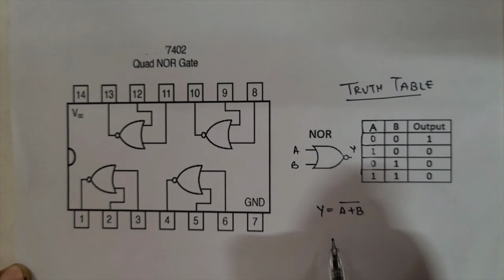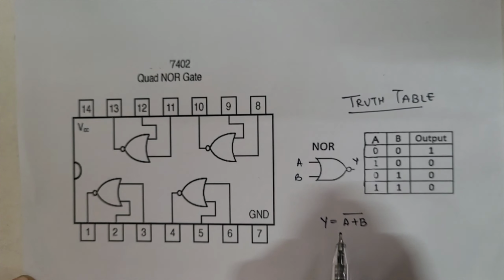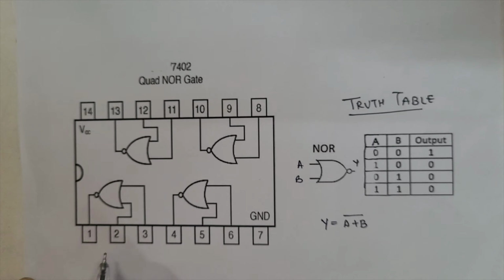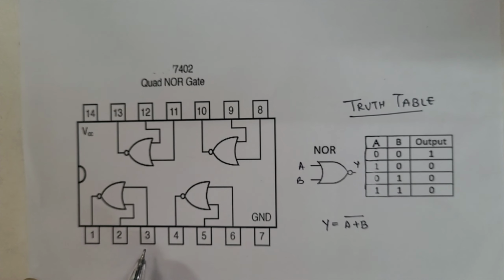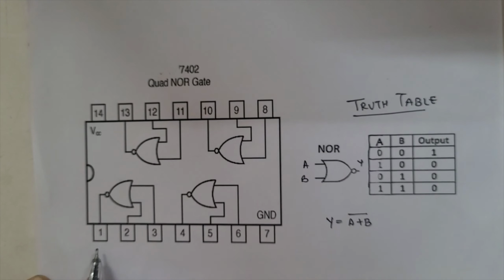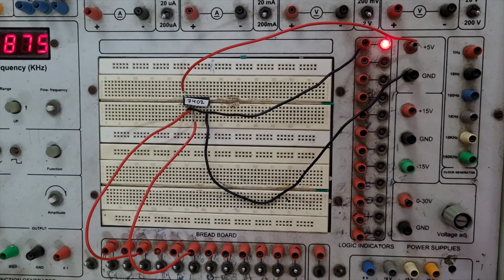For the NOR gate we have Y equal to A plus B, the whole bar. In this IC we just need to remember on which pins we need to give the input and on which pin we are supposed to get the output. Let's check for this IC.